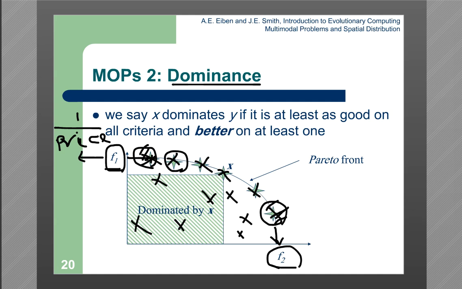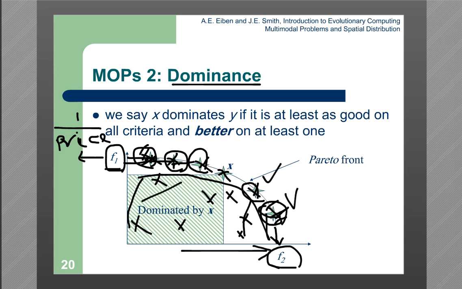Also, we have another individual. For example, this individual is good with F1 and is better than all of these elements by F1, and this and this is the best with F2.